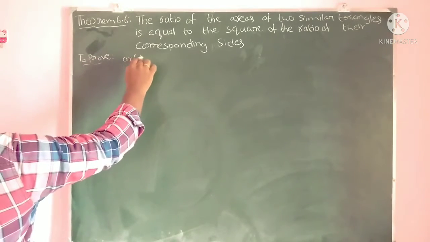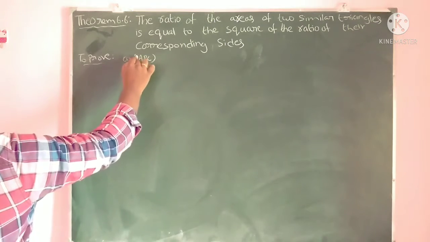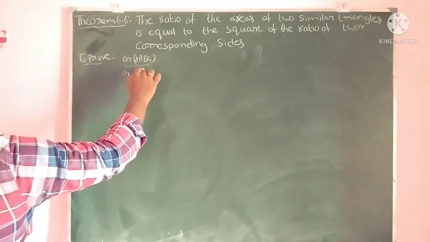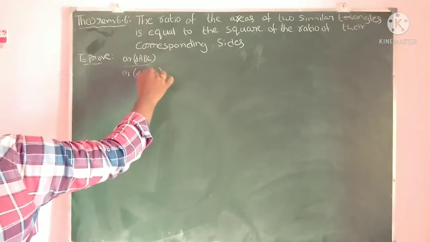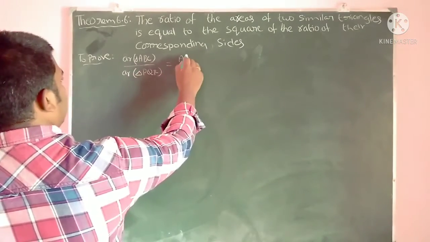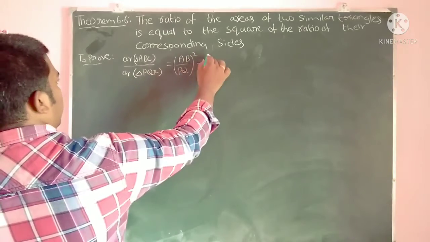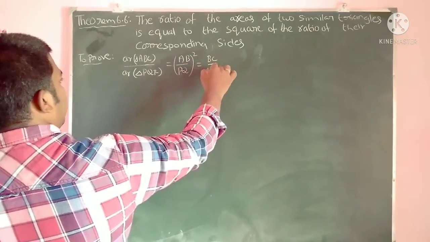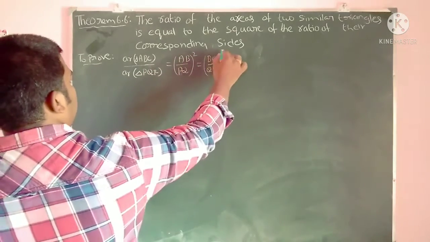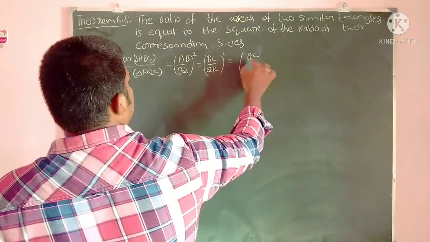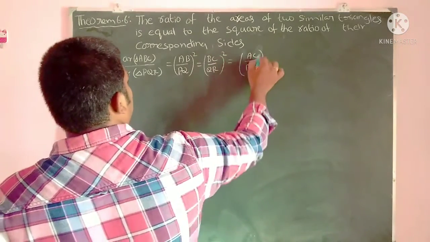So the area of triangle ABC by the area of triangle, suppose we take PQR, equals AB by PQ whole square, BC by QR whole square, and AC by PR whole square.